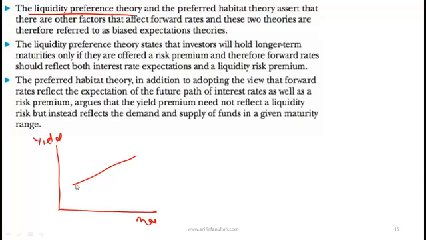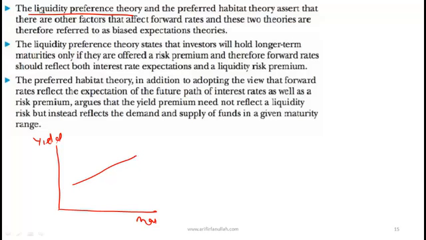Assuming that you believe in the pure expectations theory, what is this saying about interest rates in the future? What this is telling us is that the forward rates are higher, which is why the yield on longer term maturities is higher.